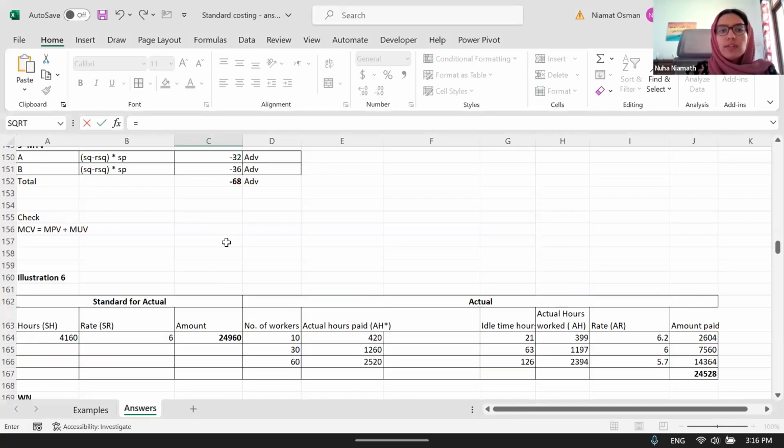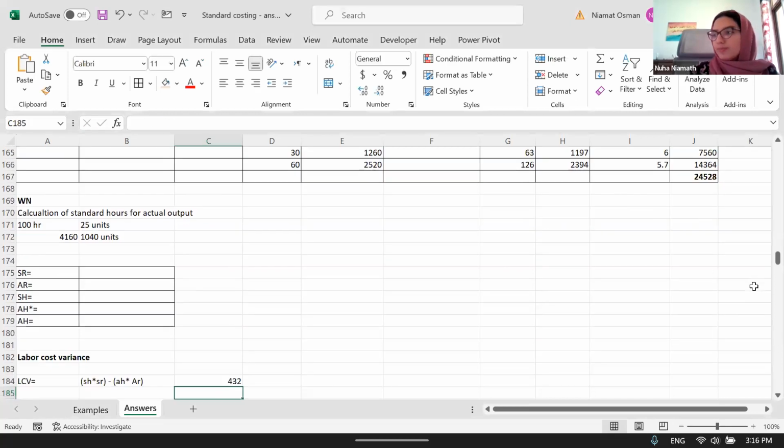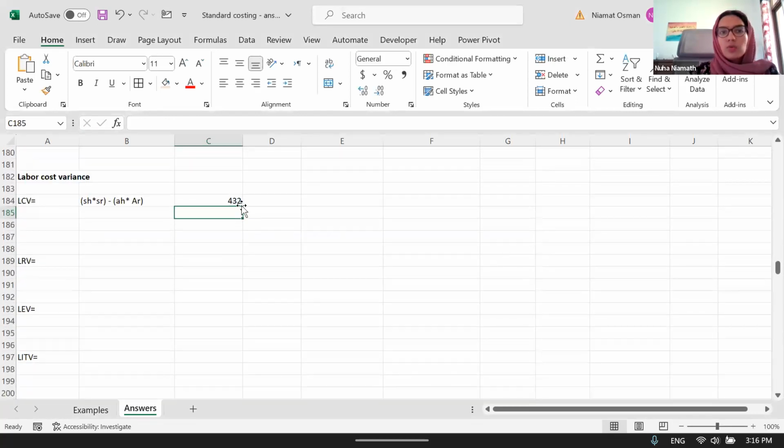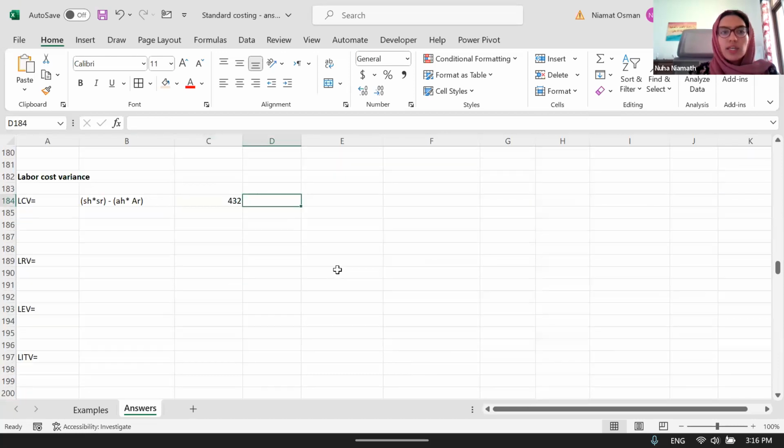So we have already calculated SH into SR here, and we have already calculated AH into AR, which is coming to 24,520. That gives me a total of 432. So clearly here the standard is more than your actual, so we have a favorable variance.